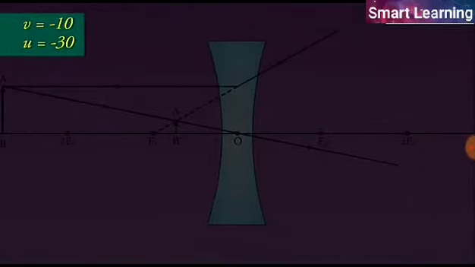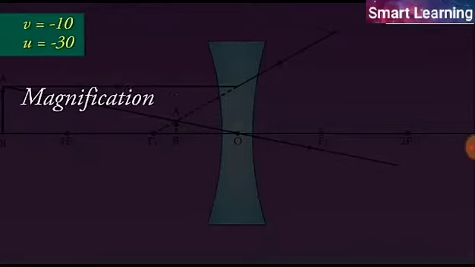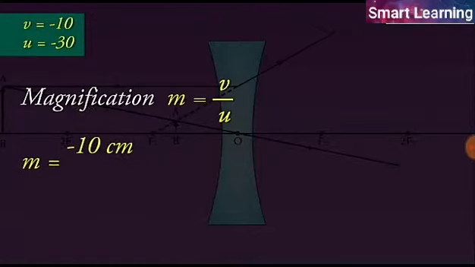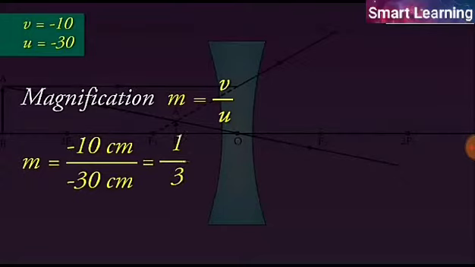Now in order to find the magnification, m is equal to v upon u. m is equal to minus 10 centimeters upon minus 30 centimeters is equal to 1 upon 3 is equal to plus 0.33.